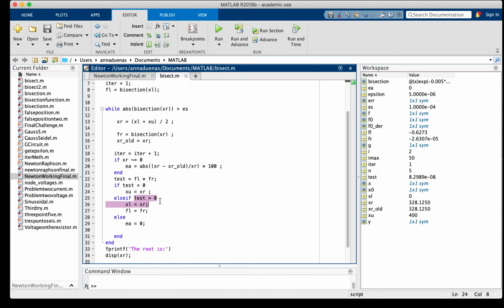Then if the test is greater than zero, our answer is closer to the lower value. So if the answer of the test is equal to zero, then we know that the root was found.